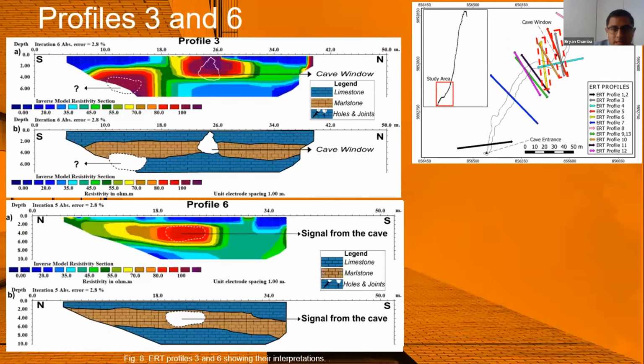For example, in this profile, at the first instance we tried to determine the geomorphology of the cave, but with the pass of the time we demonstrate that there is not an exact relationship between the geometry and the resistivity anomaly.